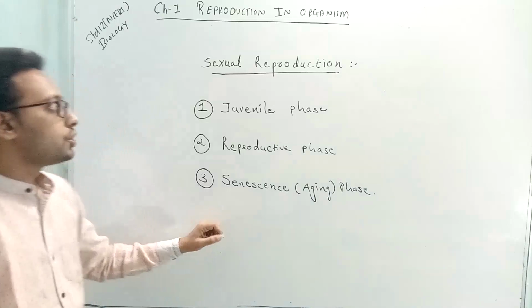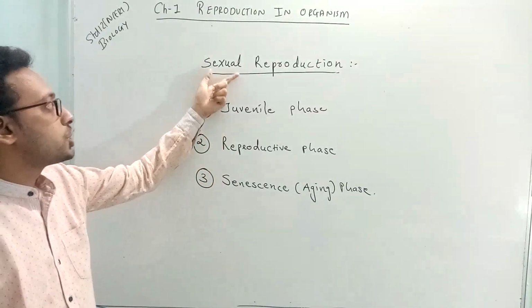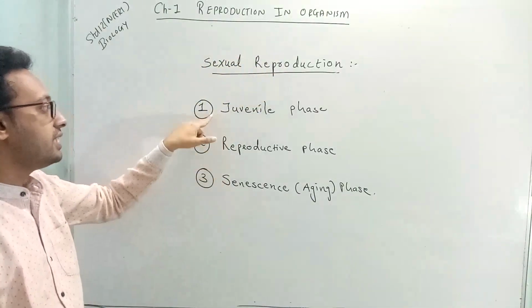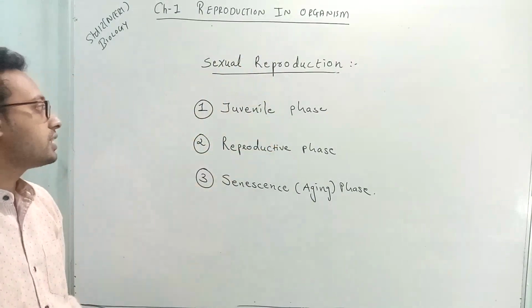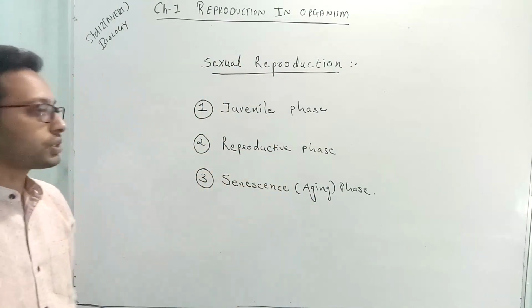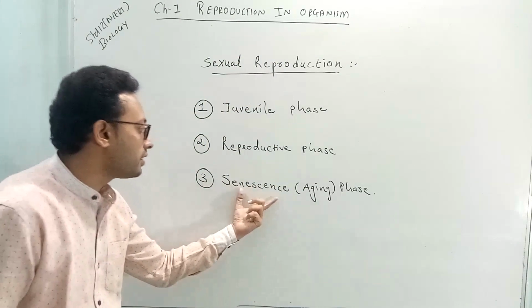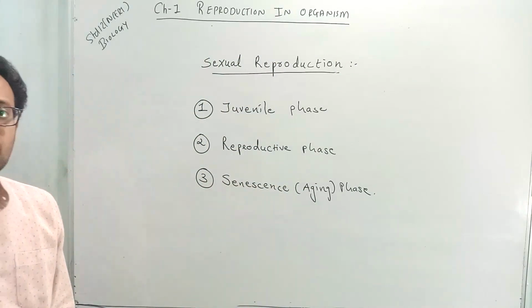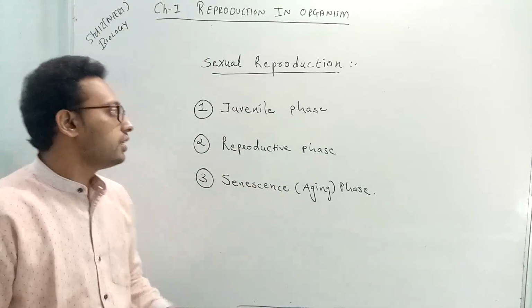Clear, students? So the life of a sexually reproducing organism divides into three phases. First is the juvenile phase, the second is the reproductive phase, and the third is the senescence phase. Now we discuss each one in detail.